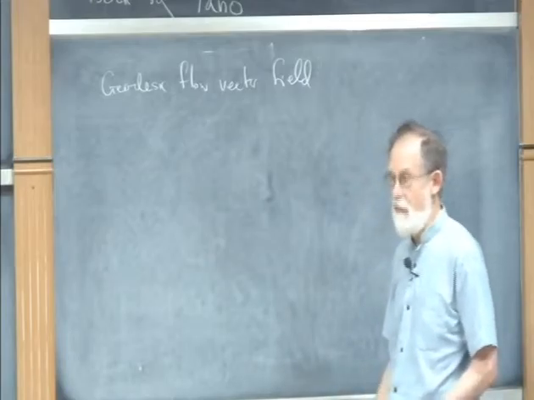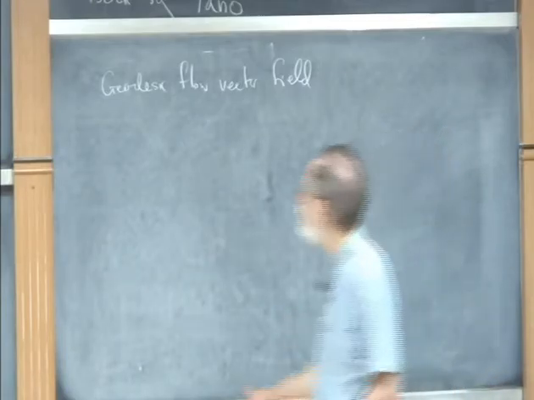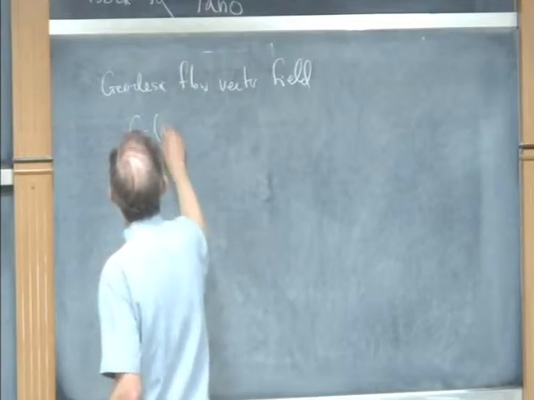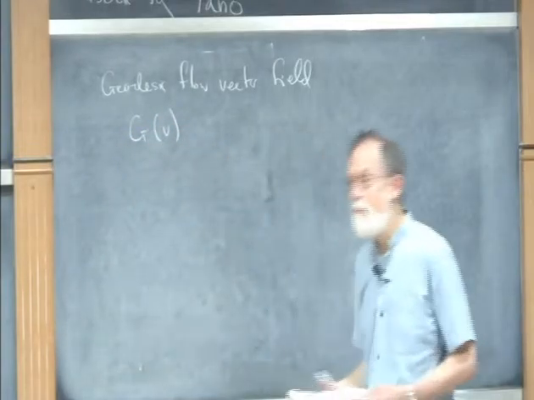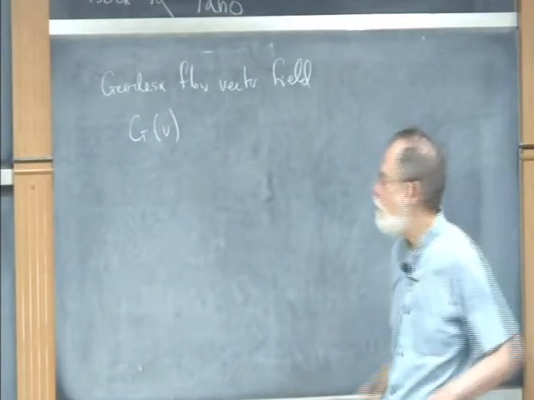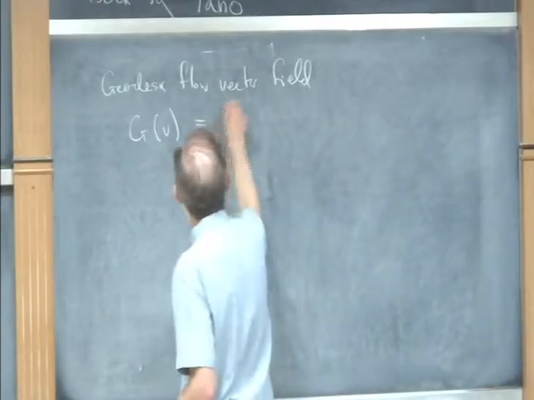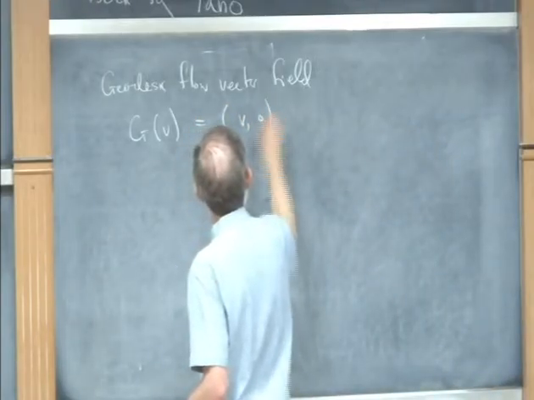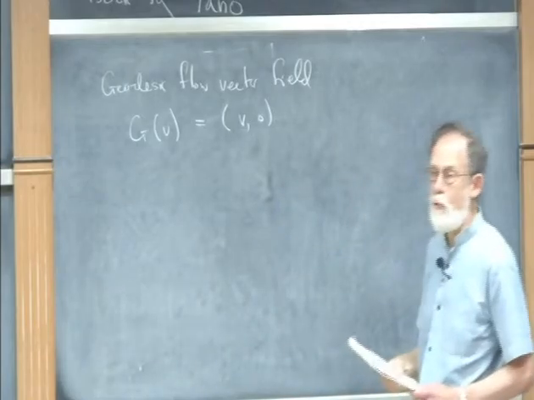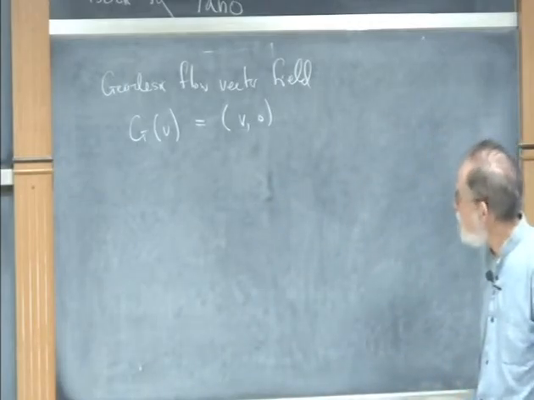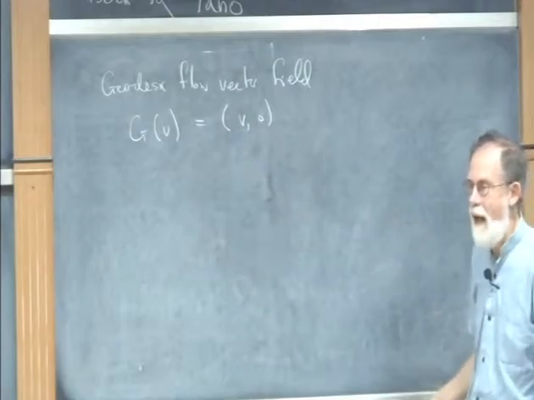So there has to be a vector field on the tangent bundle. So maybe I'll call that G of V for geodesic. Well, I think I mentioned already yesterday that the geodesic flow vector field is given by that.